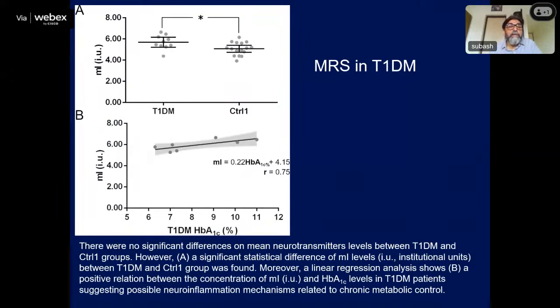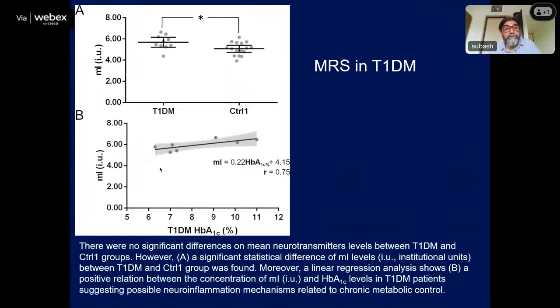As I told you, MI always increases whenever there's deterioration in brain functioning. Here you can see diabetes mellitus type 1, not type 2. Here also you see MI is increased compared to healthy controls, and you can see a positive correlation between MI and HbA1c.